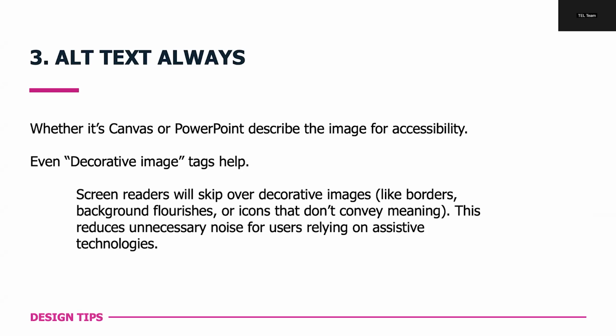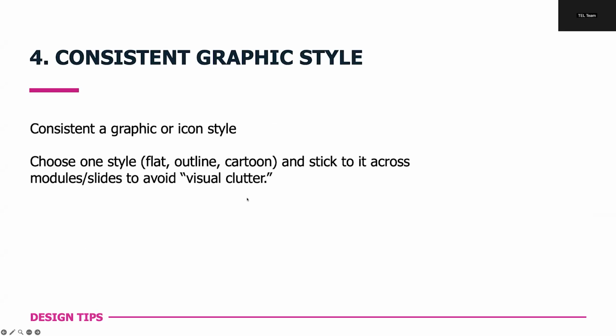Screen readers will skip over those and just focus on the primary content. So where you have anything like background flourishes or icons that don't convey any particular meaning within the learning content, you can treat those as decorative images. And that's a setting within Canvas when you're adding an image. So that's basically alt text always.